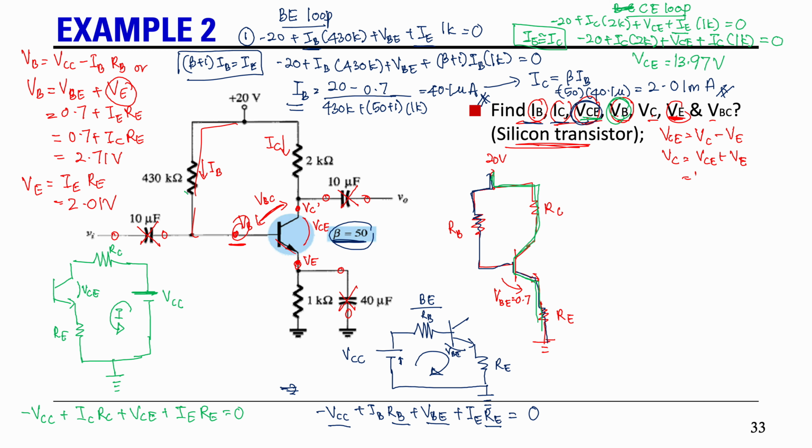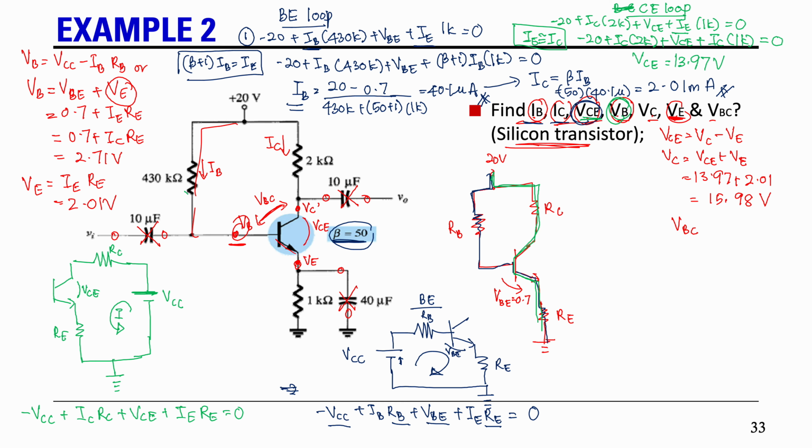VCE here is 13.97, plus VE which is 2.01, so VC is equal to 15.98 volts.